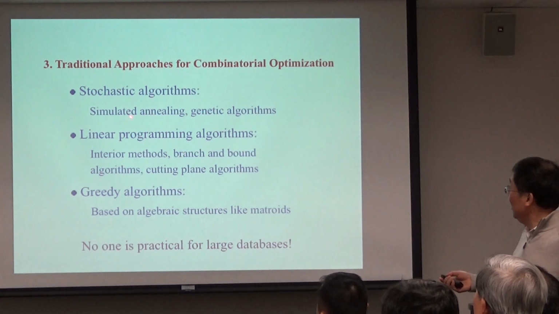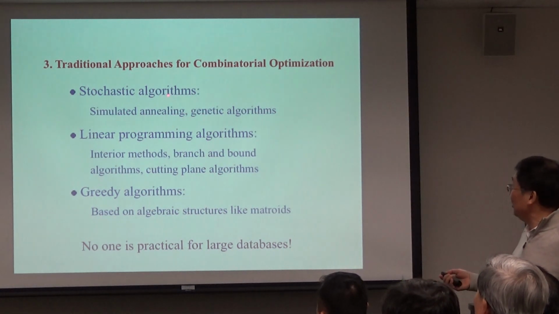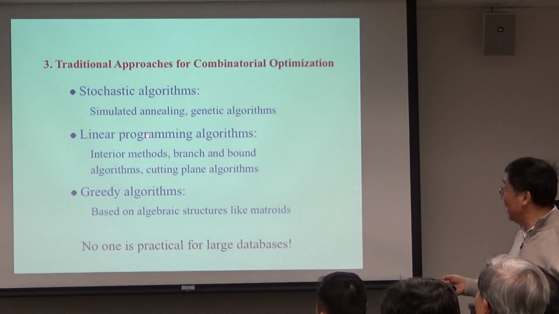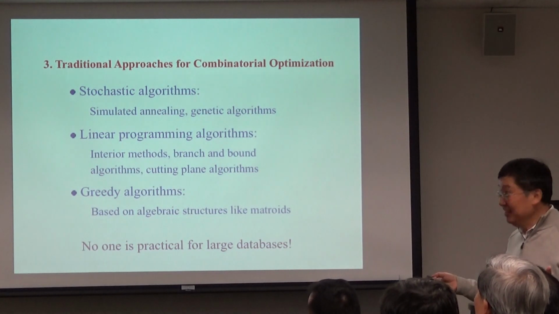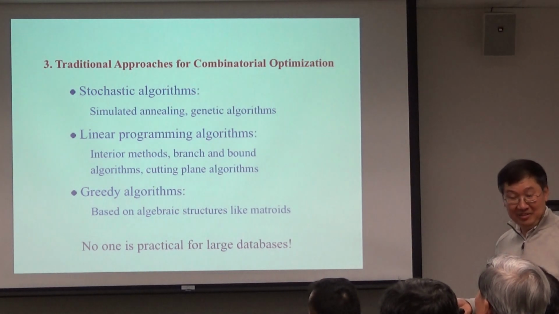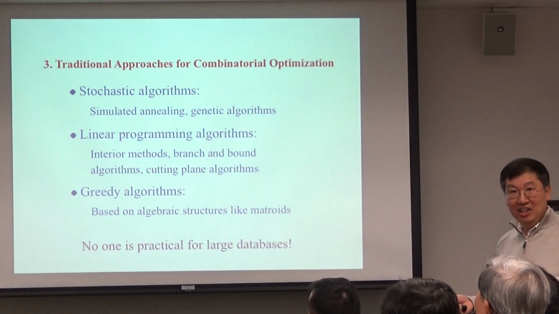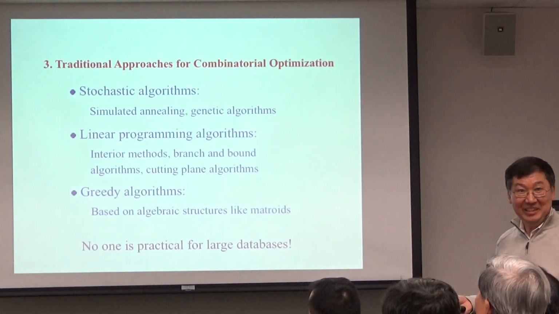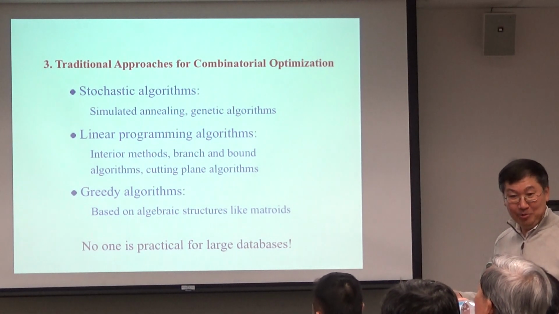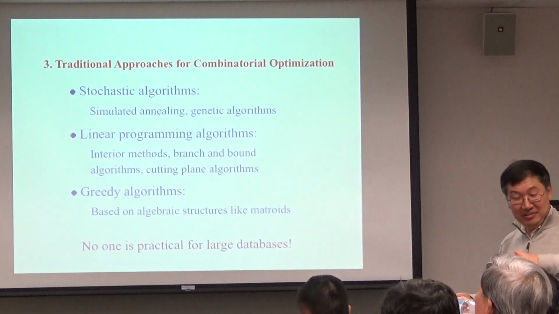Typically, we have stochastic algorithms. Many of you may know simulated annealing algorithms, which are very popular in sampling and look for global minimization. Also genetic algorithms. Both are very popular in such areas.